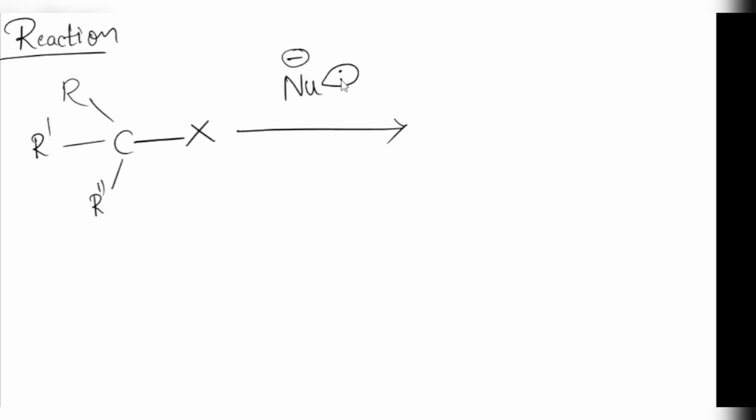The nucleophile will attack this particular carbon and the leaving group will leave. I will end up with R, R prime, R double prime, and the nucleophile, plus X minus, the halide ion, leaving as a leaving group.